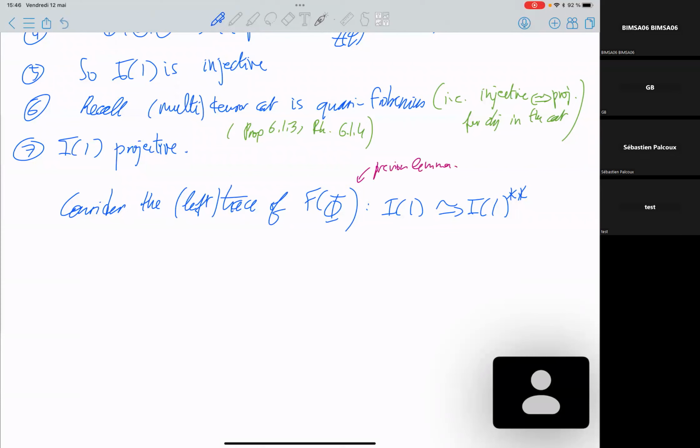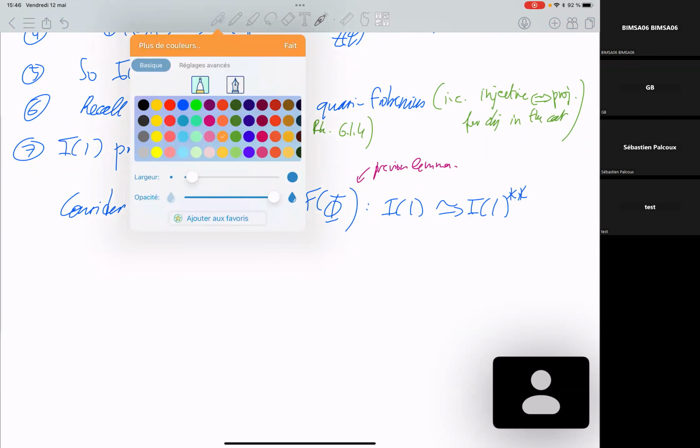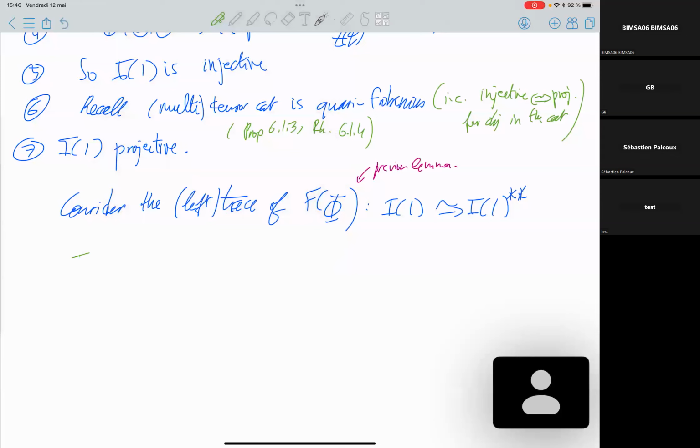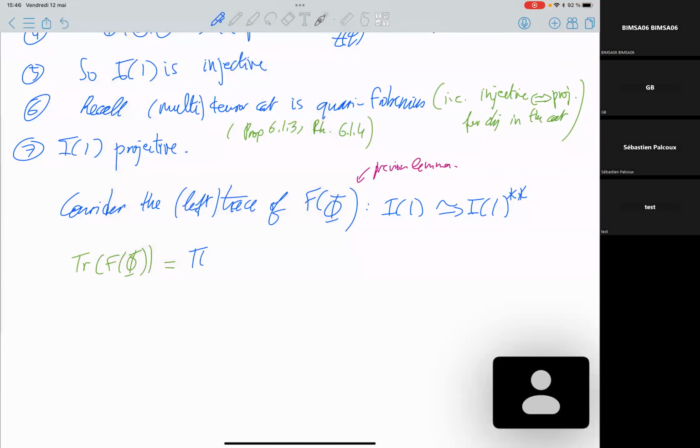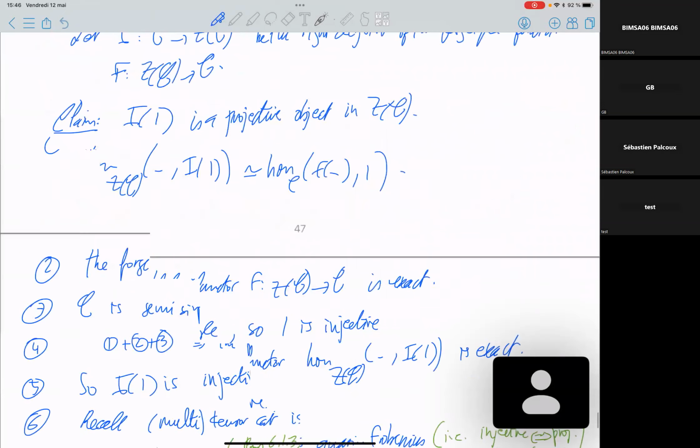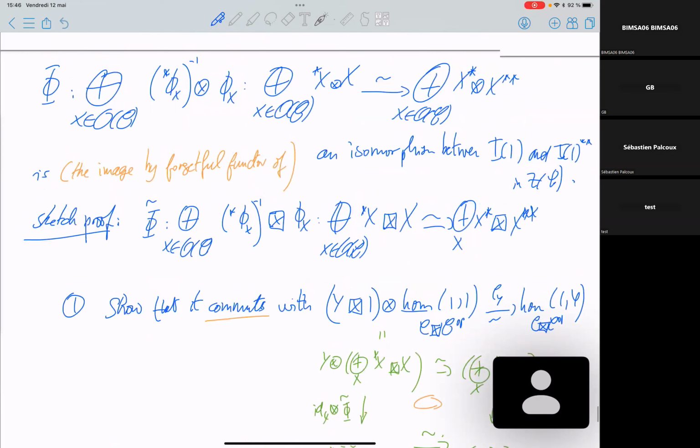I guess that the trace of the forgetful functor, let me write it with another color. So the trace of the forgetful functor of big phi equals, and the book just writes it like that. Trace of big phi equals, and so you consider the big phi which is here.